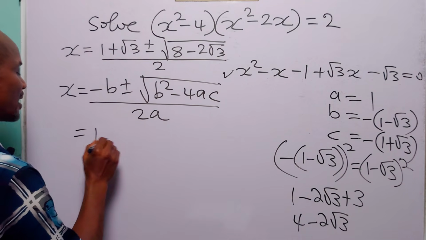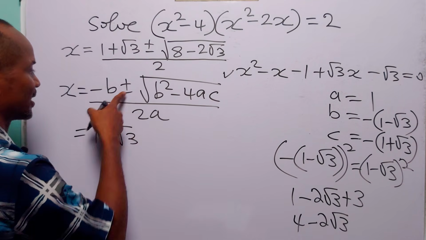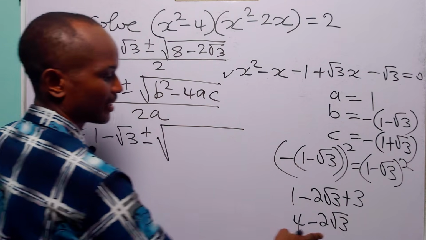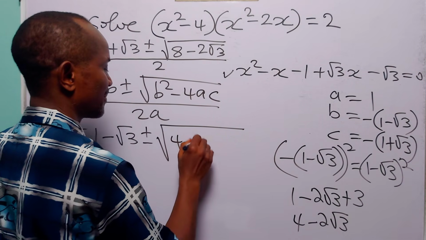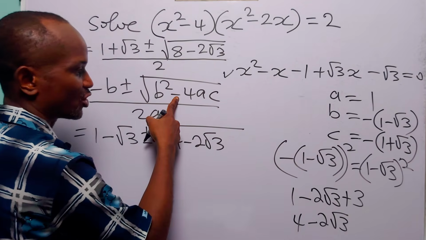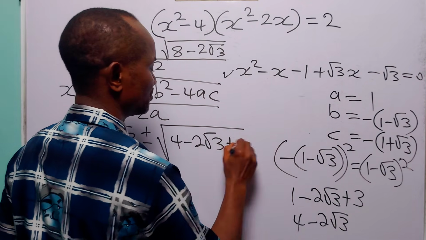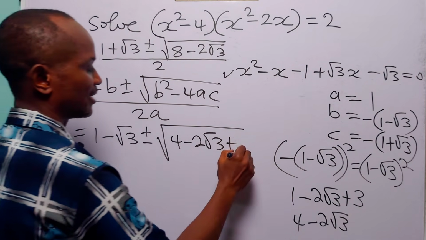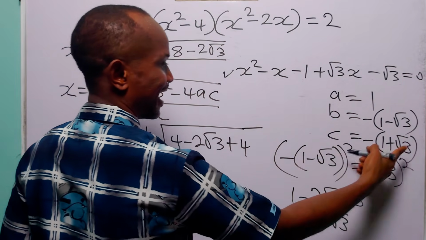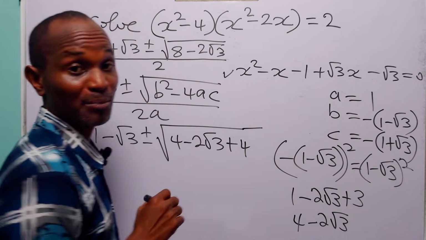Now, when we substitute into this, we have minus this. That is 1 minus root 3 plus or minus the square root of b squared, which is 4 minus 2 root 3, minus is going to be equal to plus. Then we have 4. Of course, a is 1 and c is 1 plus root 3.